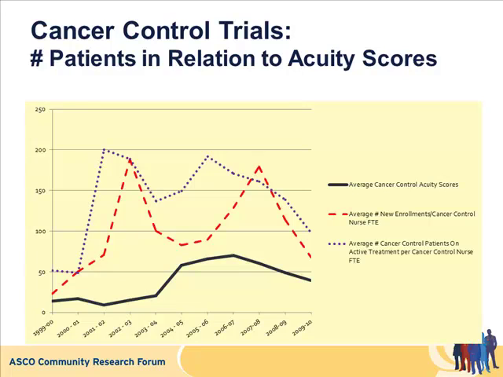But if you look at cancer control trial acuity, you see much more variability within the workload. This was the enrollments to the STAR trial as well as other cancer symptom management trials, and you can see the associated enrollments going with that.